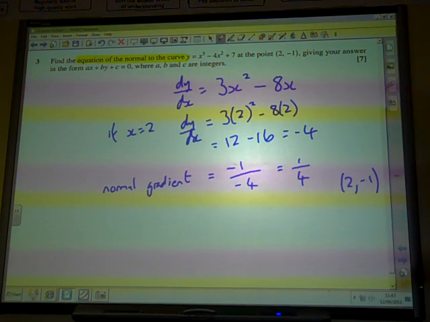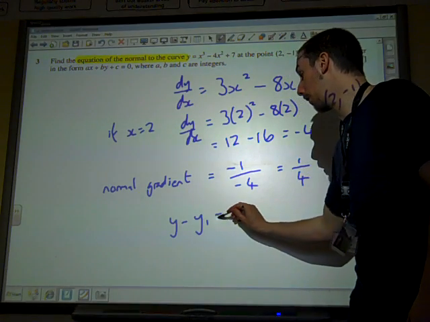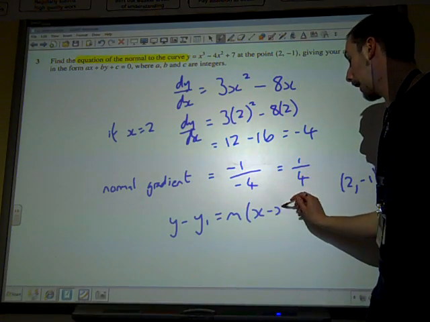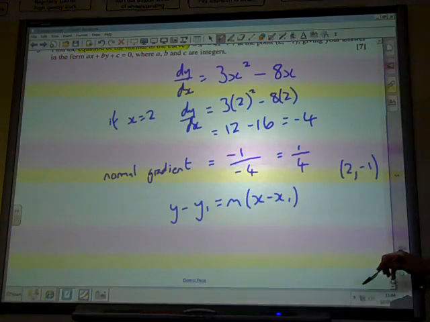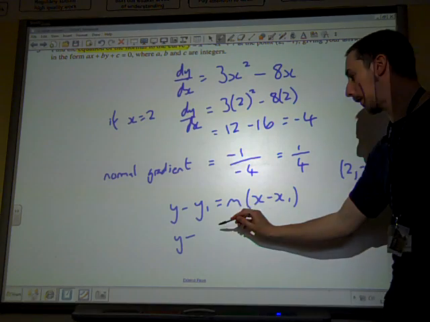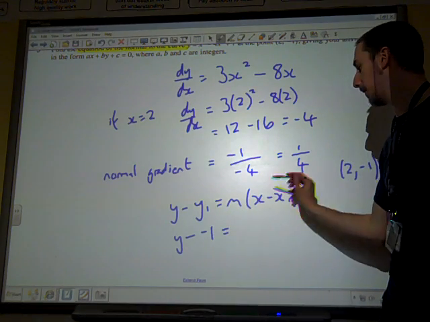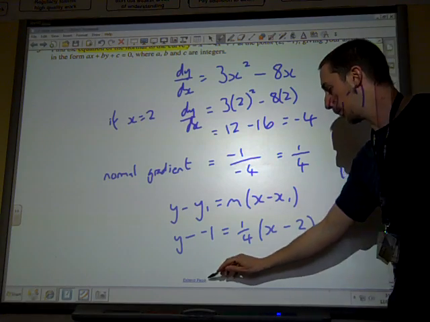So we're now back to the straight line graph stuff that we did earlier on, and those rules that we learned, one of which was y minus y1 is m times x minus x1. And so we've got y minus the y value, minus 1, is m, a quarter, times x minus 2.